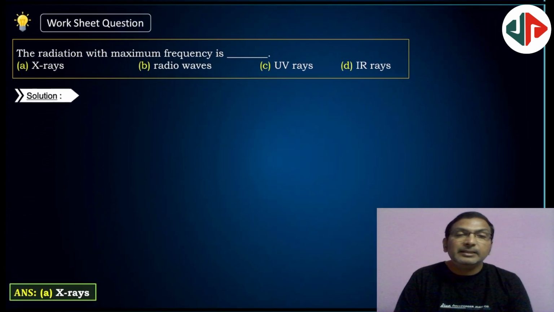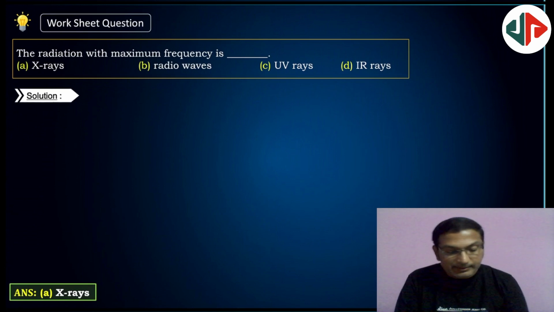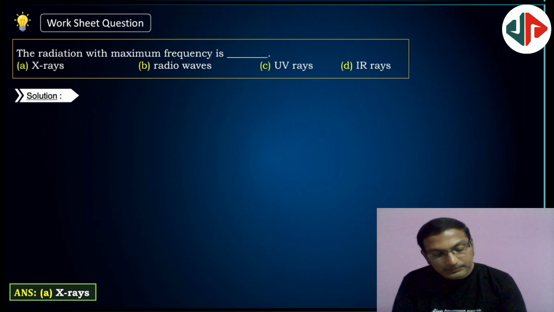The radiation with maximum frequency is. I have already given this concept in the synopsis. I will write the different types of electromagnetic radiation.